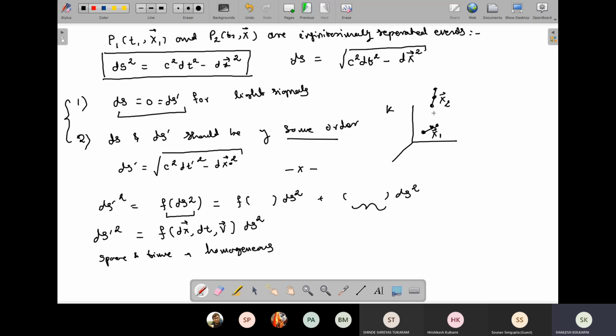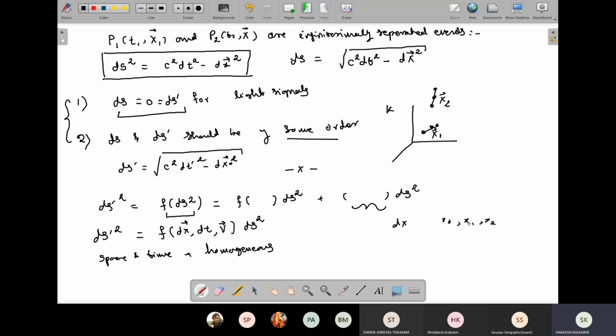Obviously the end-to-end distance of this rod is the same, whether you measure it here, here, or at some other point. So the measurement dx, whether done about x0, x1 or x2, doesn't matter. That is the homogeneity of space. Similarly, there is homogeneity in time.